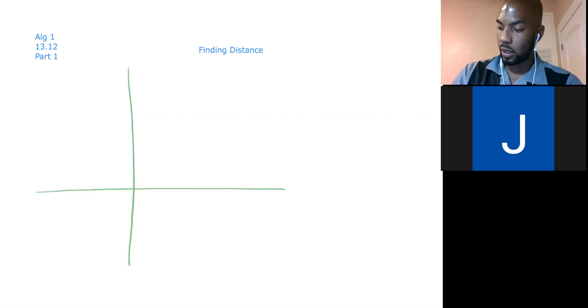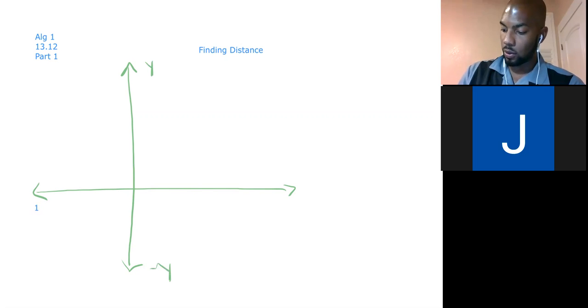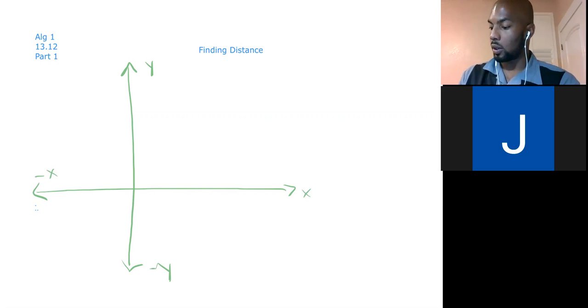First, let's say you had a normal XY coordinate plane. Of course, you have your y's up here, your negative y's down here, your negative x's over here, and your x's over there. Okay?